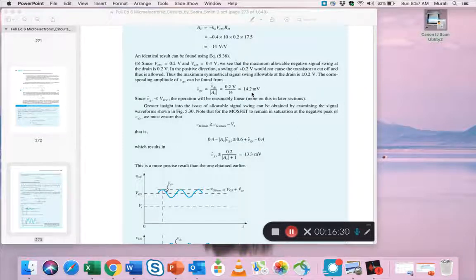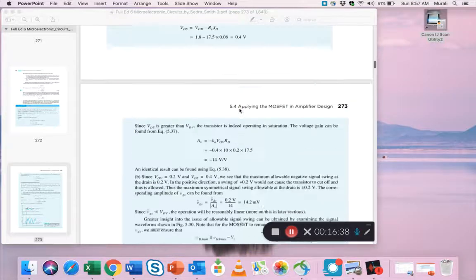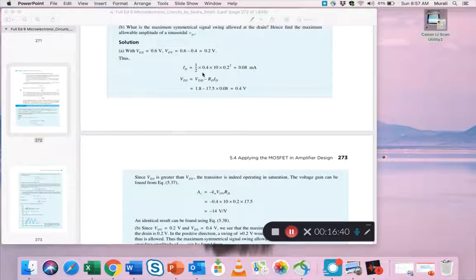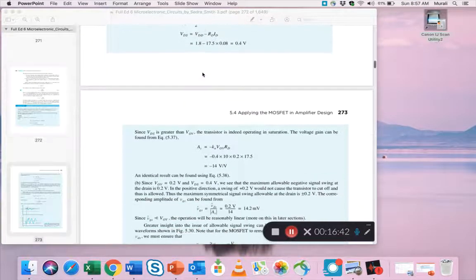So, plenty of things to learn in this example. I hope you can pay some attention and make sure you understand the main concepts. Again, part A is just mechanical. You can just plug in the values and get it.